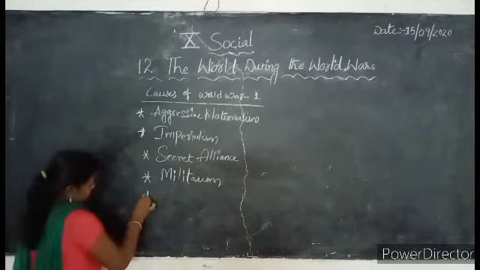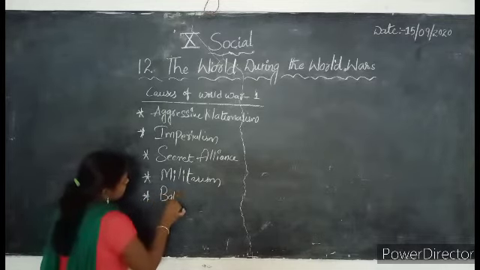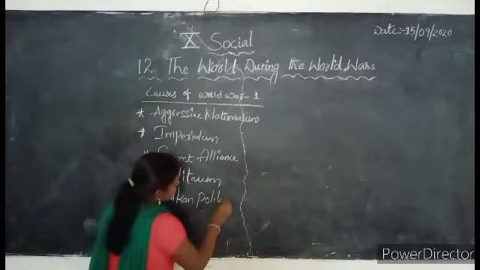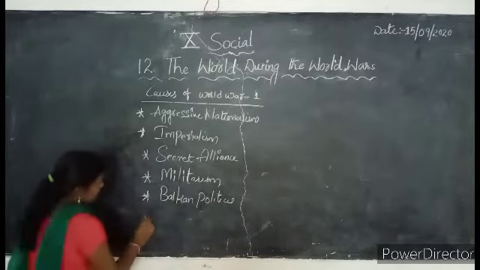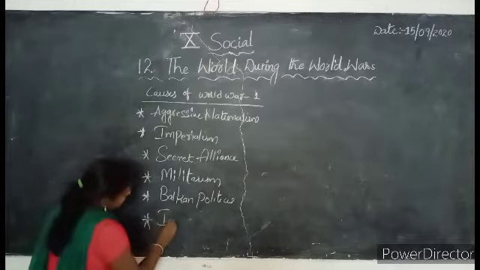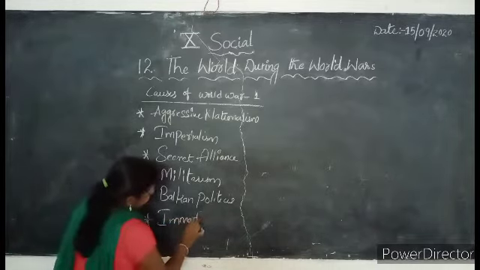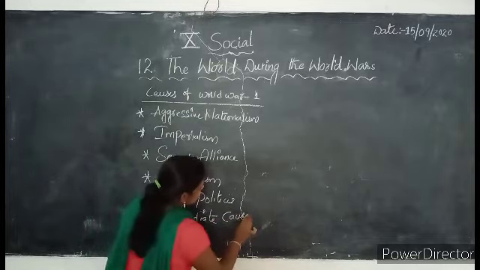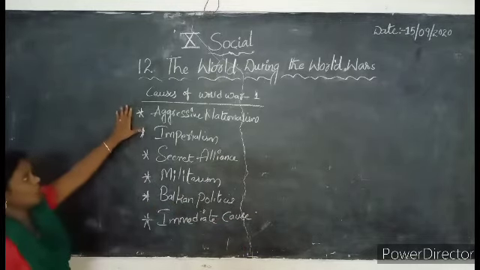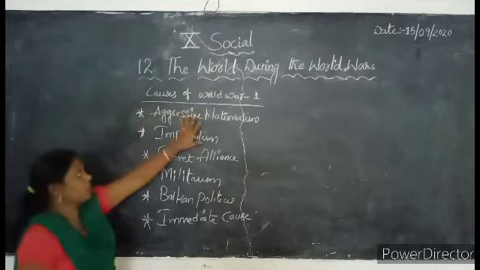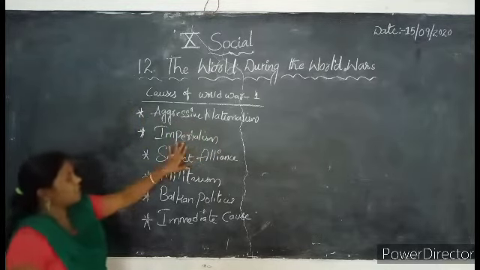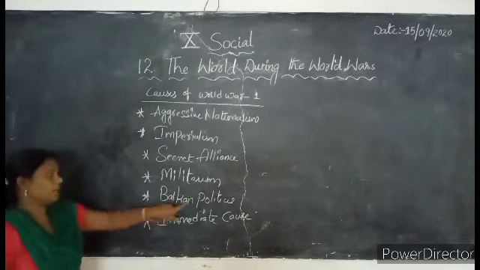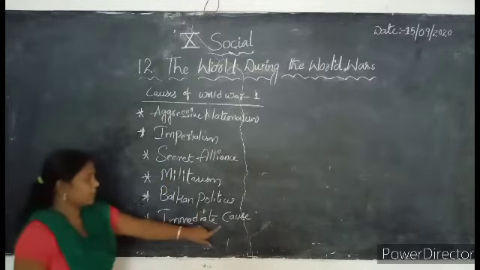Fifth one, Balkan politics. And the last one is what? Immediate cause. So these were the causes of World War One: aggressive nationalism, imperialism, secret alliance, militarism, Balkan politics, and the last one, immediate cause.